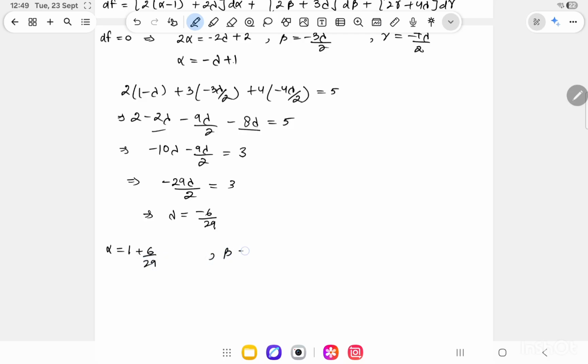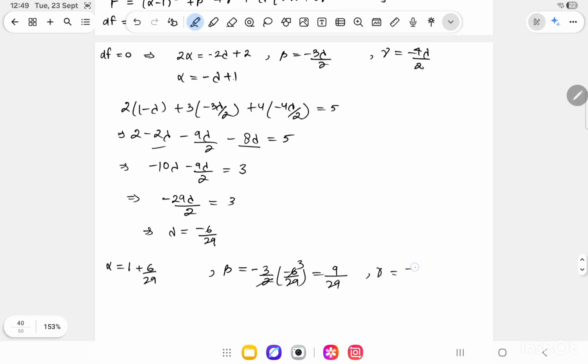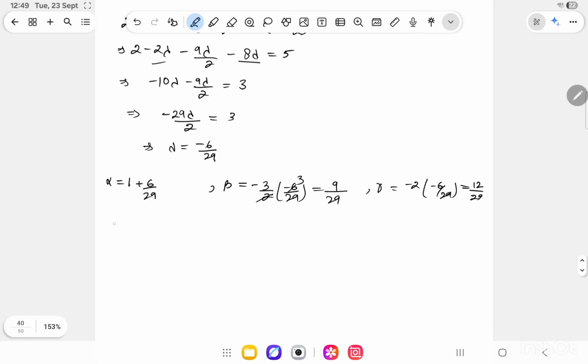My beta will be minus 3 by 2 into minus 6 by 29, that is 9 by 29, and my gamma is minus 2 into lambda, that is 12 by 29 again. So at this point, that is 29 plus 6, 35 by 29, 9 by 29 and 12 by 29.